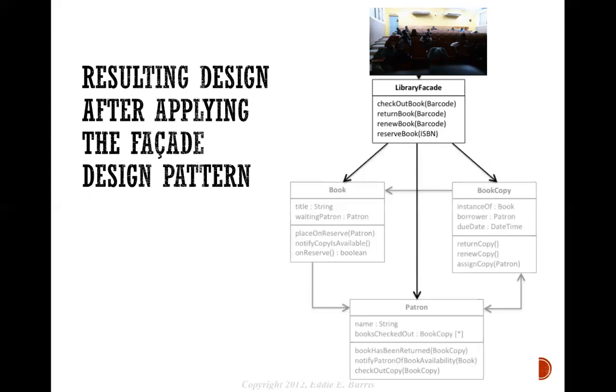Does the person have any books outstanding? Can they be allowed to take this book? Is the book a reserved book or a takeaway book, and so on and so forth. All those things remain outside of the view of the user interface because of the library facade.